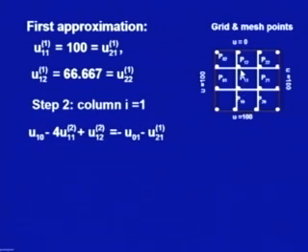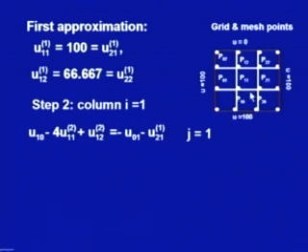Because we are writing it using the column, we start from here: u10 minus 4u11 plus u12 is equal to minus u01 minus u21. Now, the points u10 and u01 are boundary points, and on the right hand side we have u21, an internal point, so the first approximation, and we want the second approximation. So on the left hand side we take all those internal points as the second approximation. So, this is my first point.